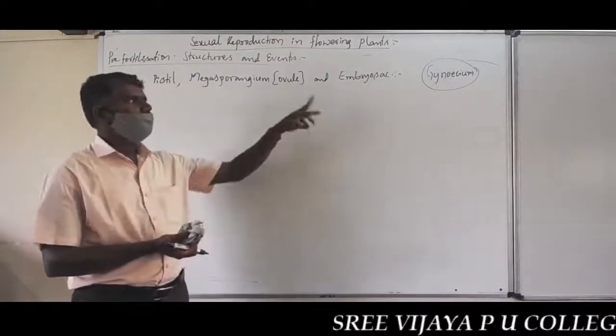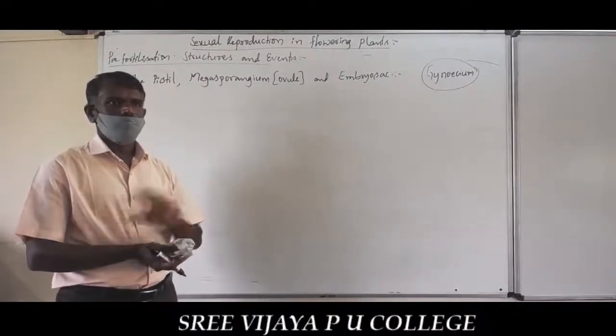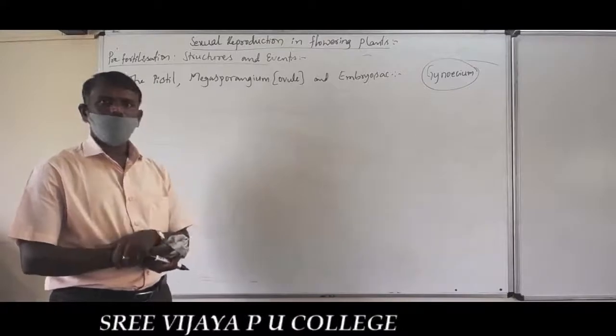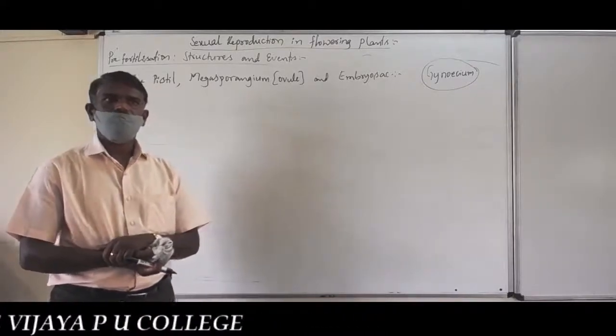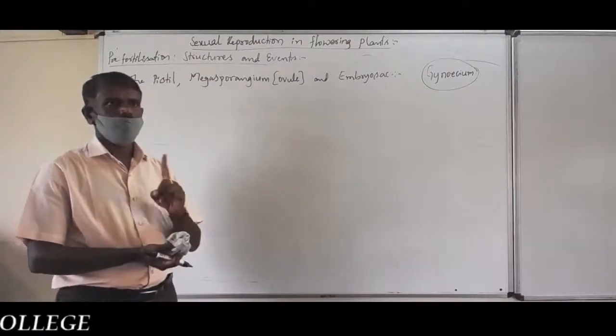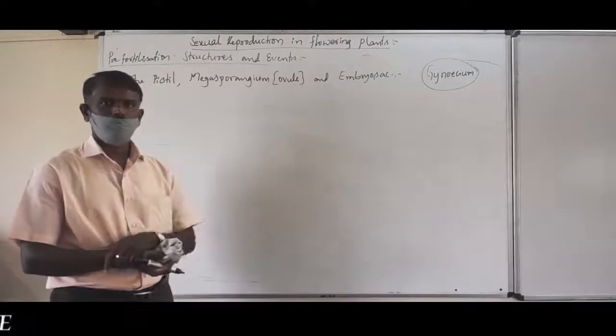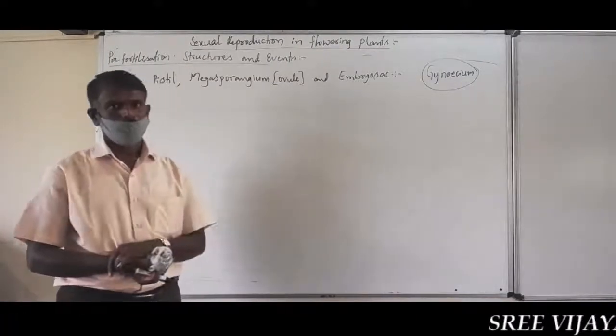The second whorl is the corolla. The corolla consists of members called petals. The third whorl, or the first essential whorl, is the androecium. The members of androecium are called stamens.